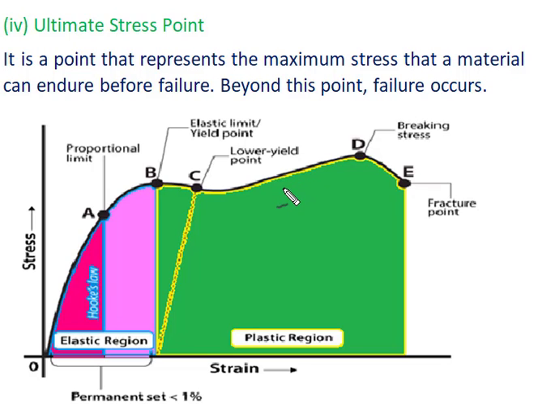So this is the ultimate stress point. This point represents the maximum stress that the material can endure before failure. Beyond this point, failure occurs, so the material may break down.